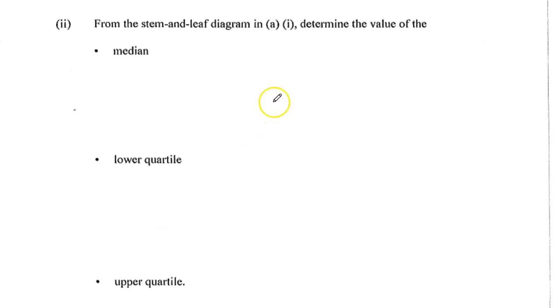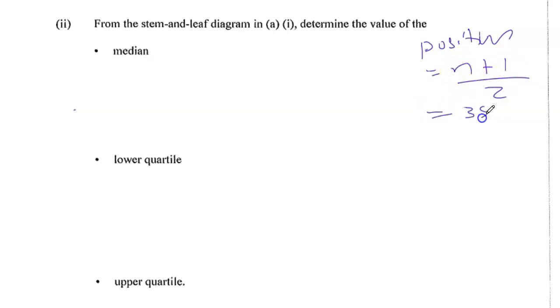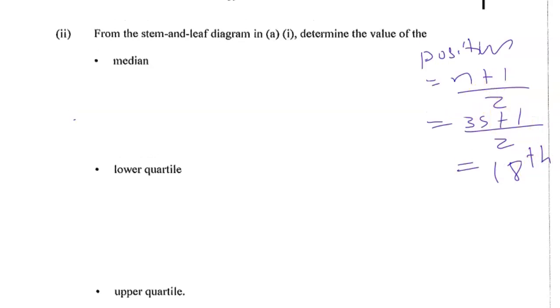Now the median, in terms of the position for the median position is n plus 1 over 2. And remember, n is the amount of numbers, which was 35, so 35 plus 1 divided by 2. That's 36 divided by 2, 18. So the median is not 18. The median is the 18th number.